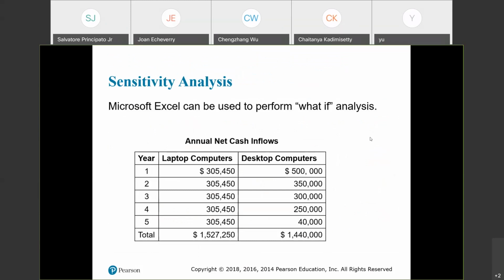Sensitivity analysis, if you remember from the previous chapter, is a what-if technique that shows how the results differ when underlying assumptions change.